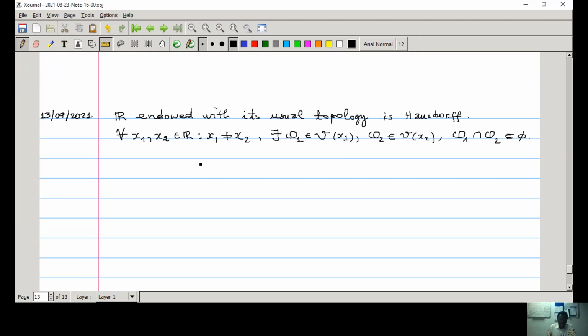In other words, this is exactly what it means. If you want to represent that in R, I have x1, x2, and obviously they are distinct. If they are distinct, there's a distance between them. I just magnify. They can be as close as you can imagine, but because they are not the same, there is a distance between.